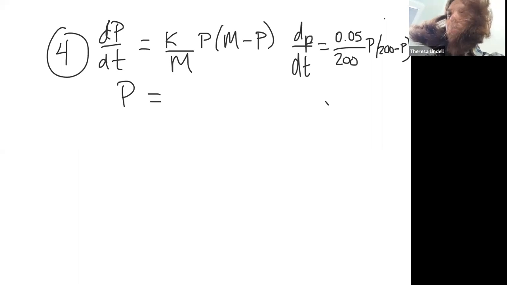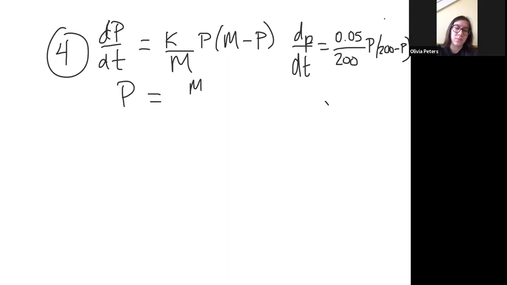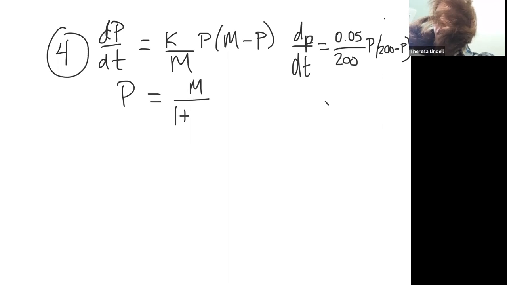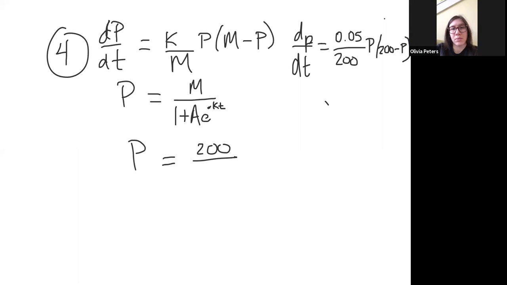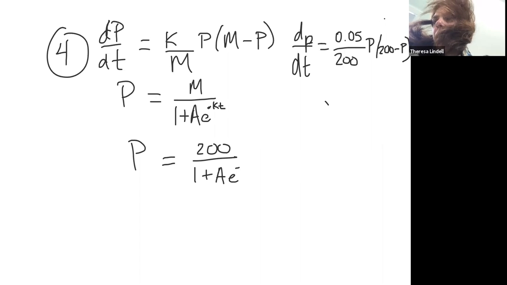So let me give a 6 right here, right? Because the formula is M over 1 plus A e to the negative KT. And so you'd have to plug in some stuff. P is equal to M, 200, over 1 plus A e to the negative 0.05 t, but then they want you to plug in this point, P of 0 equals 10.